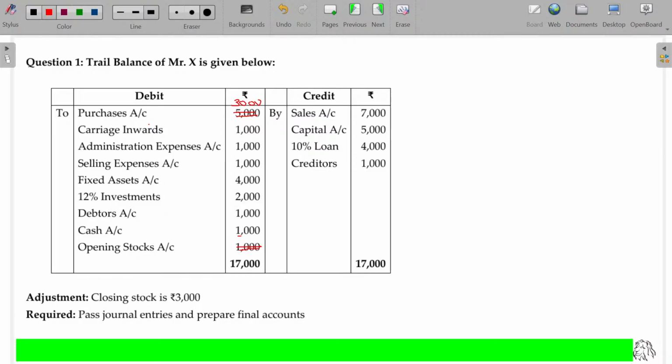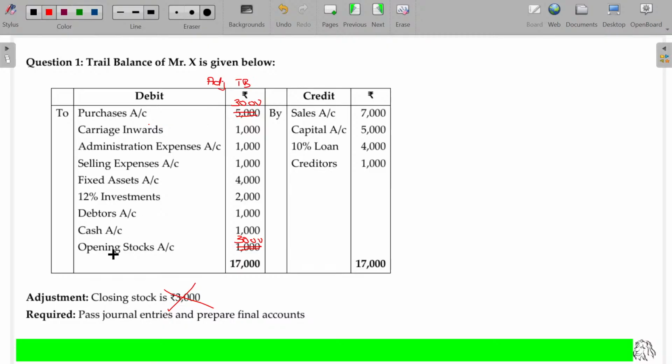This one is cancelled completely because it is already recorded. Now this trial balance is called adjusted. I hope you will now understand how this type of trial balance may appear. Okay, this is called the adjusted trial balance.